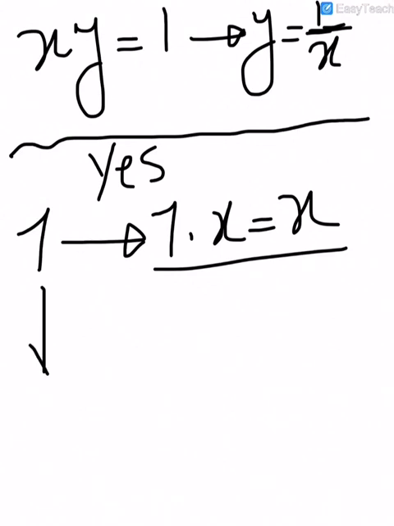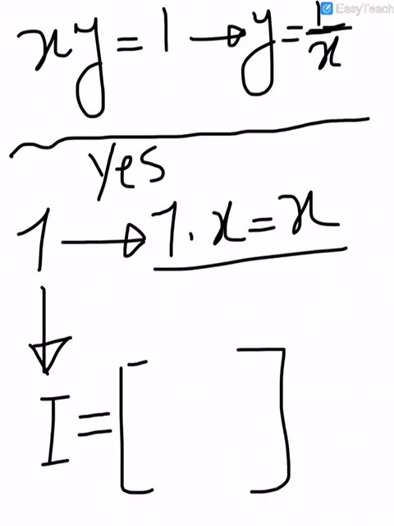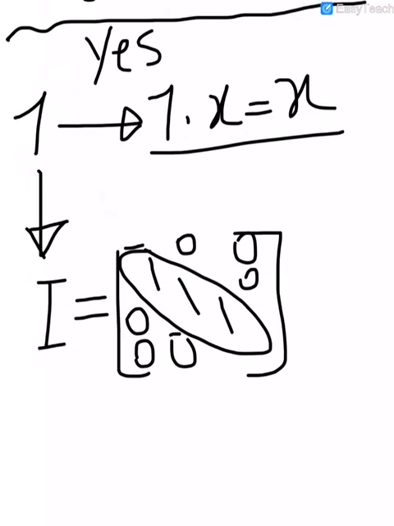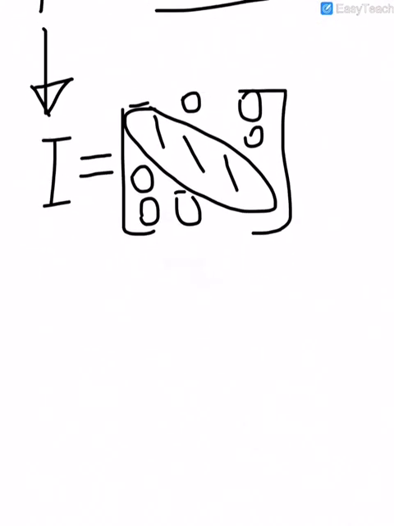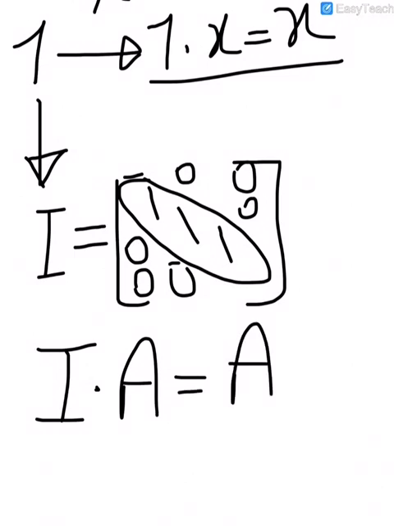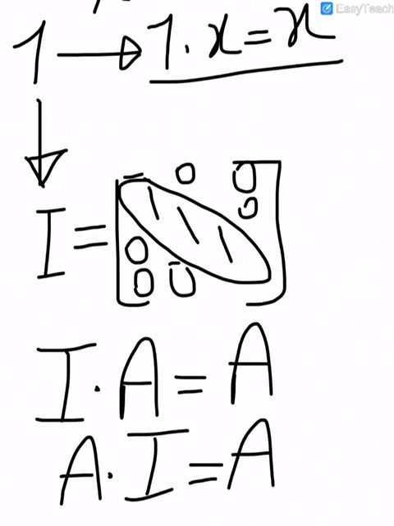But as I told you, in the matrix environment, instead of 1, we use the identity matrix, which, depending on the size, is a diagonal matrix having 1 on the diagonal and 0 anywhere else. What was the property of this matrix? If you multiply I with any matrix, you are going to get the matrix itself, and also in the other order you get the matrix itself.